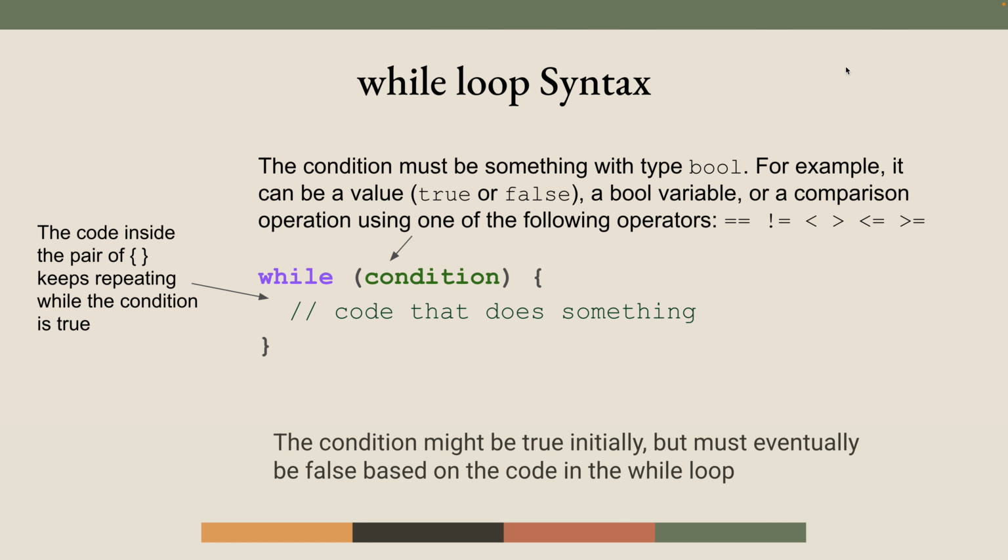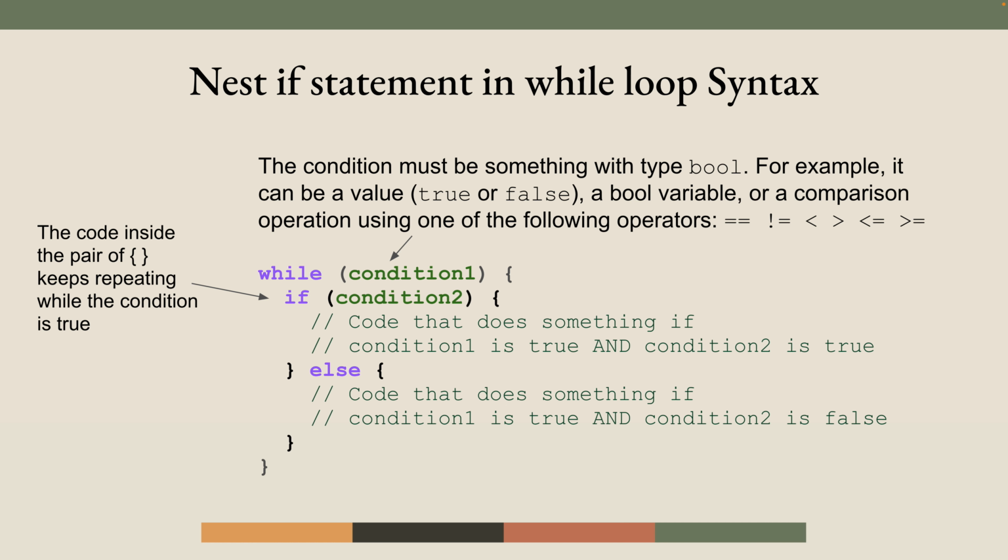So for nested if statements, we talked again about while loop syntax looks like this. The nested if statement, I should have put this on the slide earlier, but essentially, if this code runs, this part in condition 2, 2 things are true. First, condition 1 is true. Whatever was in the while loop condition has to be true. And whatever's in condition 2 has to be true as well. So in the number guesser problem, when the guess was greater than 58, we knew 2 things were true. First, that it wasn't equal to 58 in the first condition, and that it was greater than 58 in the second condition.